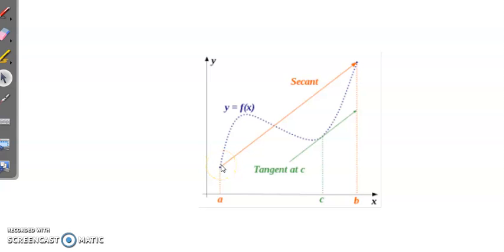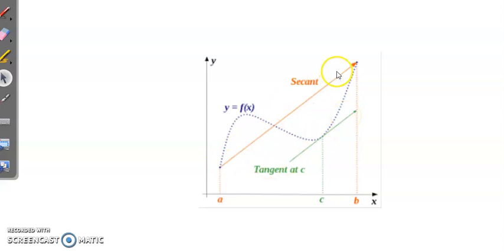So here we have the points a, f of a and b, f of b. Now you draw the secant line, that is the line segment which is joining these 2 points. Now the mean value theorem states that there is at least one place where your tangent will be parallel to the secant line.